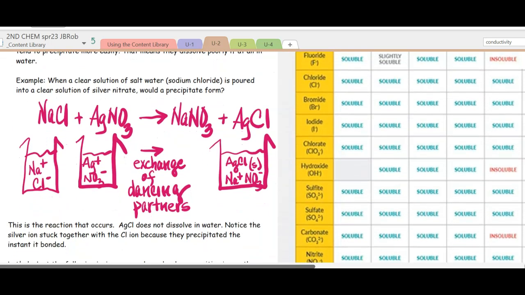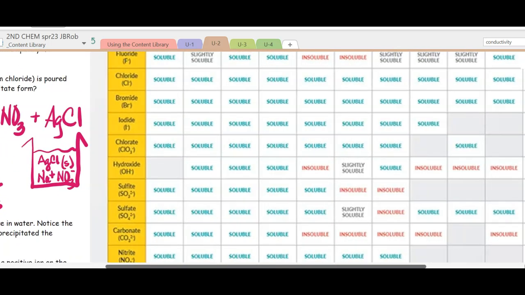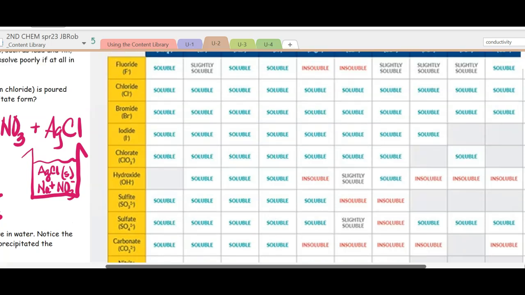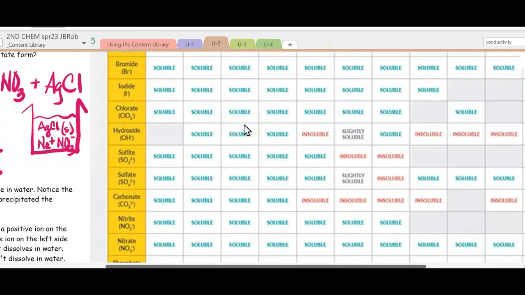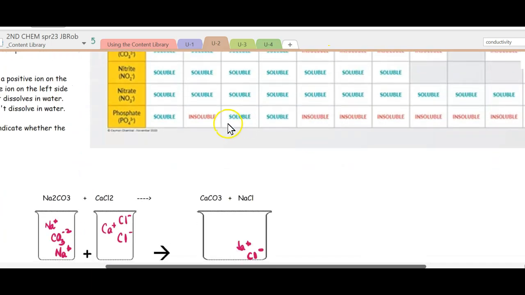So we saw over here that there are actually a whole lot of compounds that do not dissolve. All right, so not all ionic compounds dissolve. But when you look at the pattern, it's clear that, let's just look at sodium first. And when you go down here, every single sodium compound dissolves.